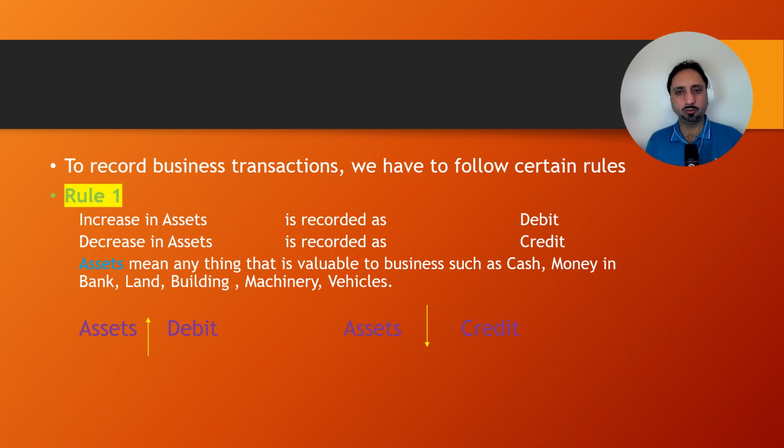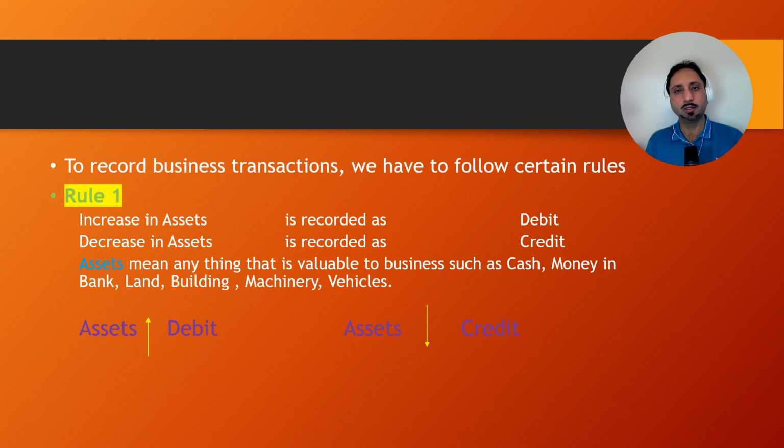Now, in my previous example where machinery was debited and cash was credited, you can see that machinery is an asset that Nestle Corporation acquired. So there is an increase in asset in the case of Nestle, and that asset type was machinery.